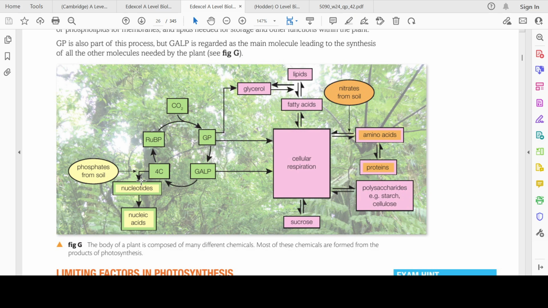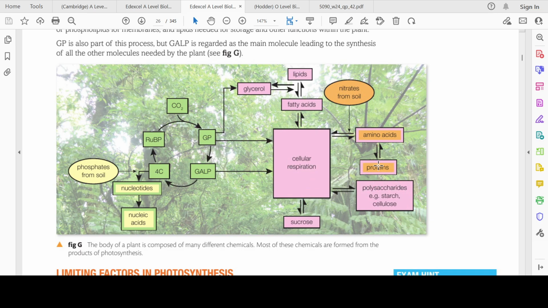You get phosphates from the soil, you make nucleotides and the nucleic acids. The GLP and the GP can be fed into cellular respiration, which utilizes glucose. Or it can lead to the formation of sucrose in this case, or other polysaccharides.